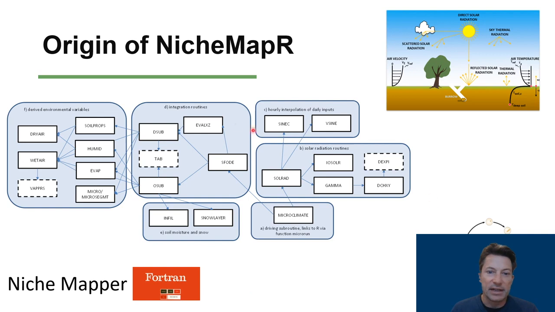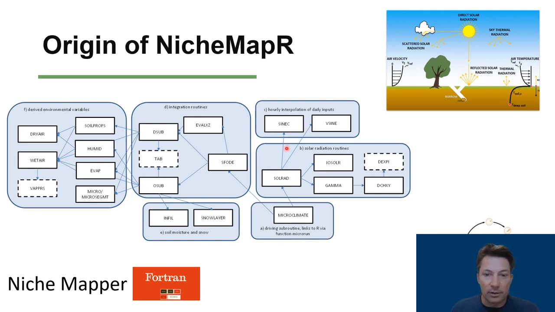This is the scheme of the microclimate model with a whole lot of different Fortran routines that are doing things like working out the solar radiation from first principles, interpolating daily maximum minimum temperatures and humidities into hourly, if that's the information you have, working out properties of air when the air is moist or dry, working out soil properties, and then doing a big calculation of the heat budget of the soil, accounting for snow and also for soil moisture.